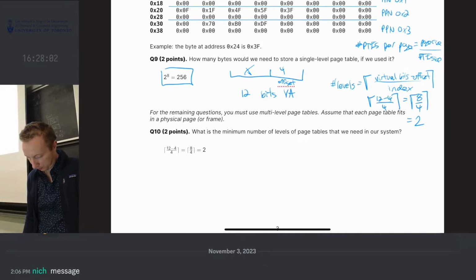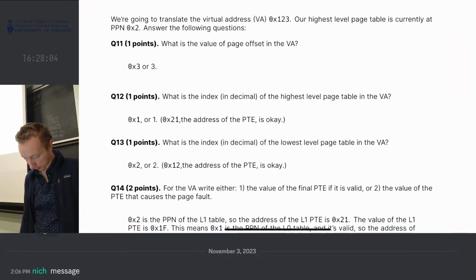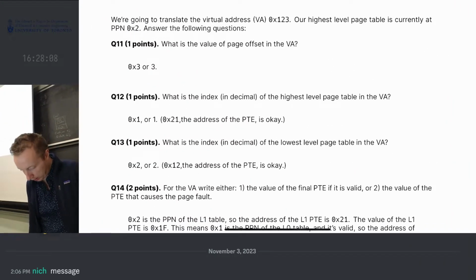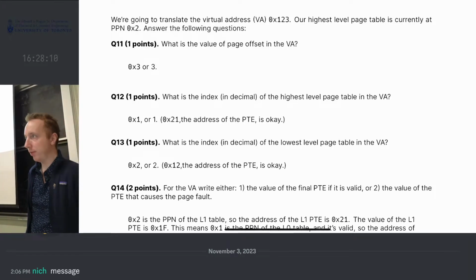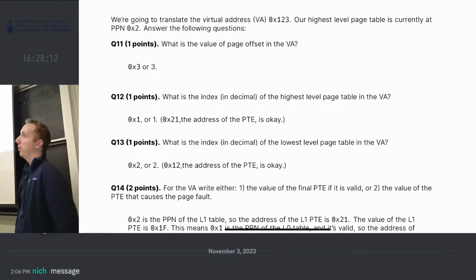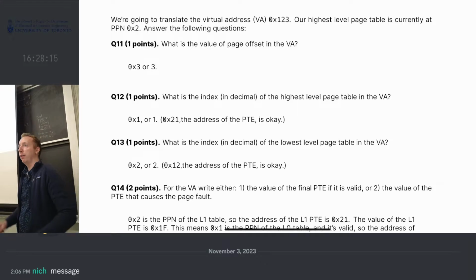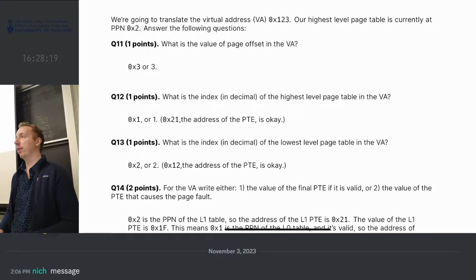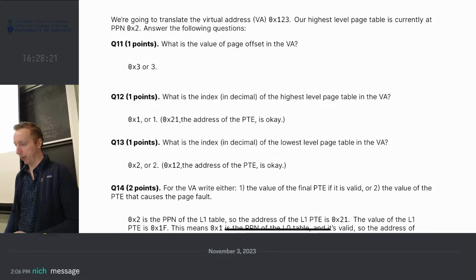All right, so here's where it gets more interesting. We're going to translate virtual address 1, 2, 3. In this virtual address, we have 2 levels of page tables, so I should have an L1 index, an L0 index, and then an offset.